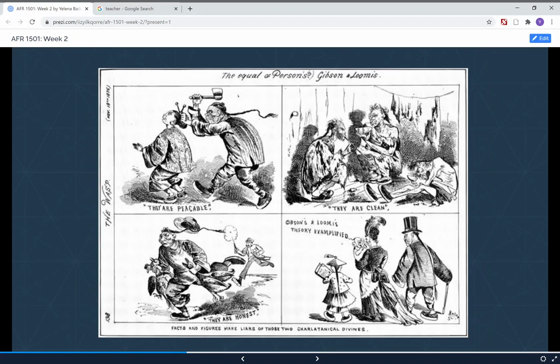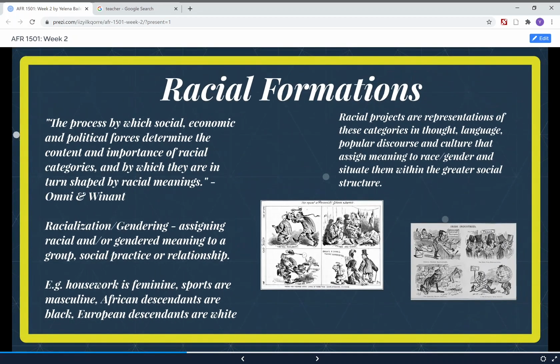So when we look at this, it's a really clear example of the way things in culture are connected to questions of power, politics, belonging, rights. We don't often connect things like magazines or television to things like rights, but they are connected, and that's really what this theory of racial formations and racial projects is about.